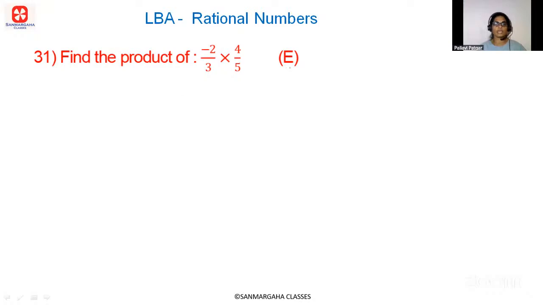Find the product: -2 into 4 is -8, divided by 5 threes are 15. So the product of -2/3 into 4/5 is equal to -8/15.